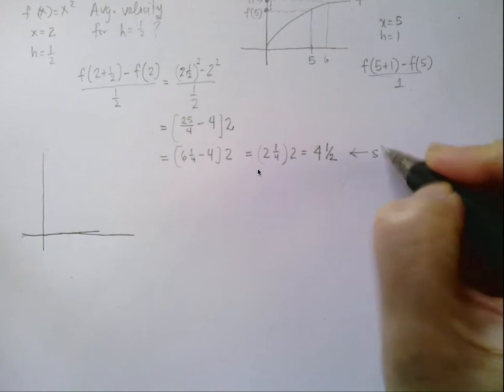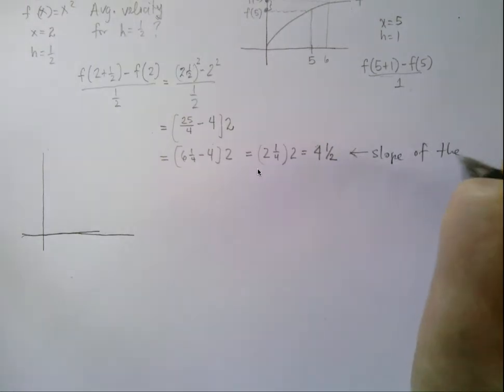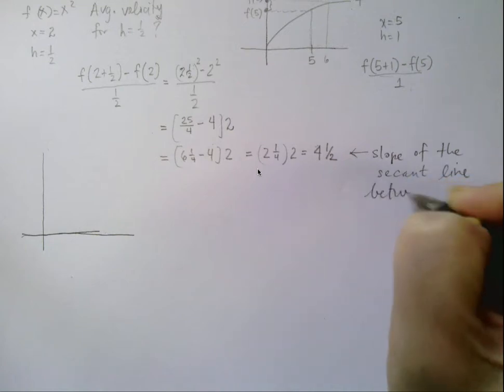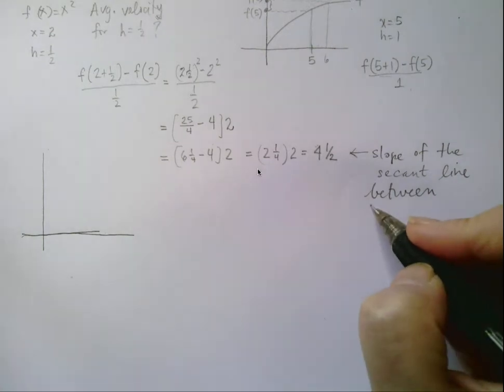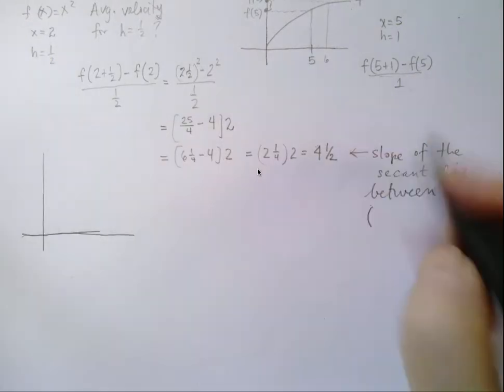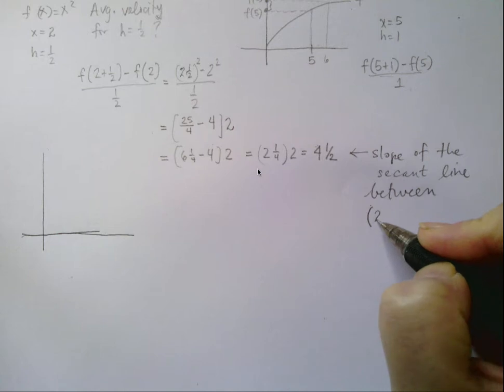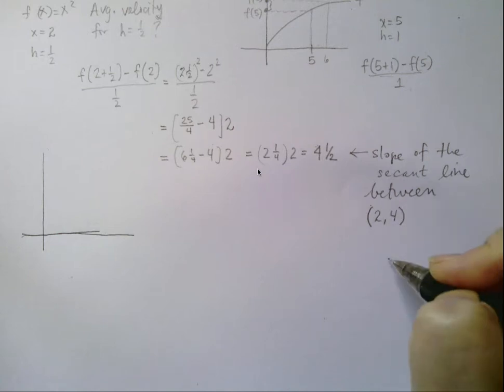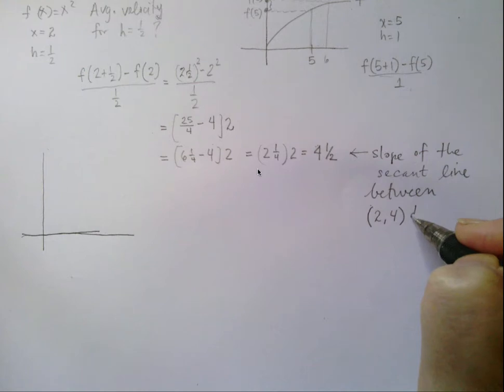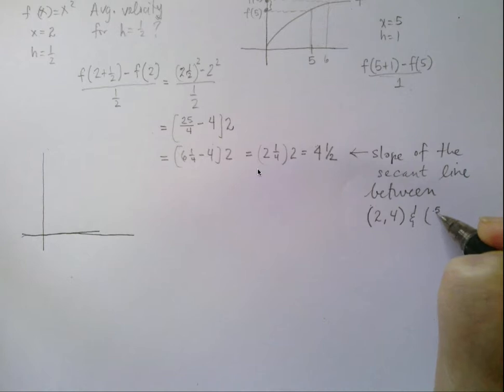This is the slope of the secant line between the point x is 2, 2 and 4, and 2.5, I'm going to write that as 5 halves and 25 fourths.